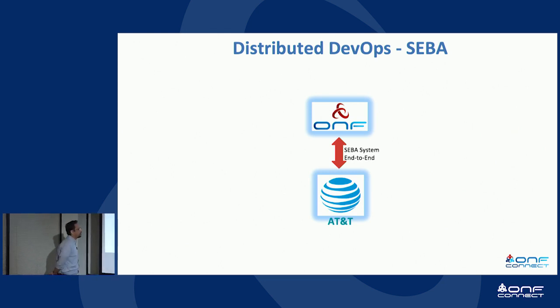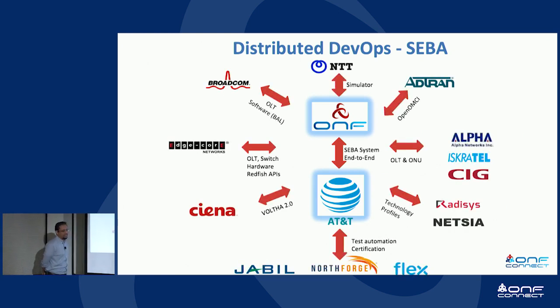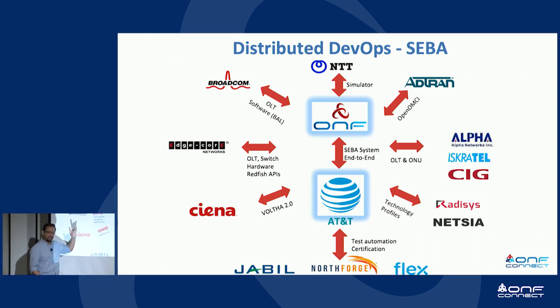So we have worked very closely end to end, and then there are a number of companies that form the community, right? Mostly this is the VOLTHA community, which is a very strong community with a number of folks that contribute greatly.